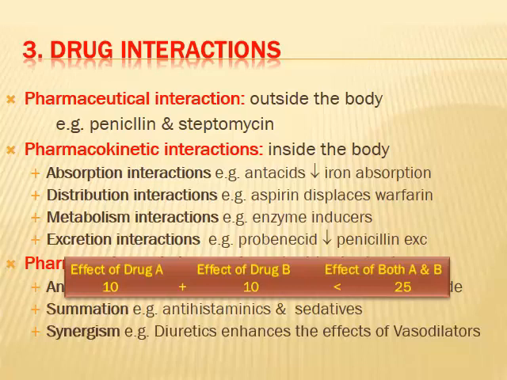When you give the two drugs together, they lower the blood pressure by 25 mm mercury, which is greater than 20 mm mercury, which is the sum of their individual effects. This extra decrease in blood pressure by 5 mm mercury can be attributed to the correction of the salt and water retention, induced secondary to the vasodilation.